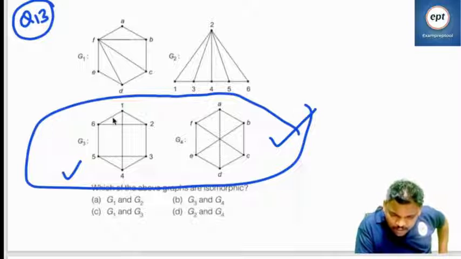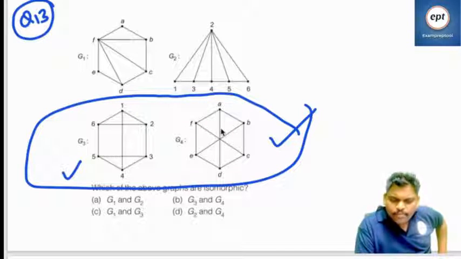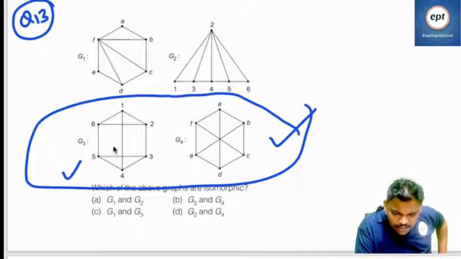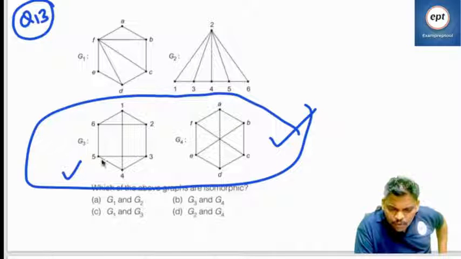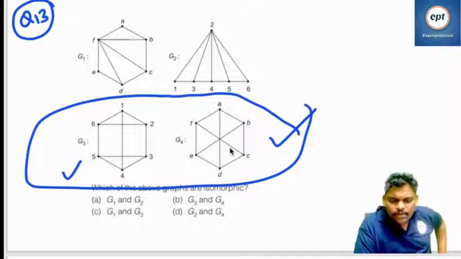The degree of every vertex is 3 here, and here also 3. How many edges? Outside is 6, inside is 3, so 9. Here also outside is 6, inside is 3, 9. Everything is fine.